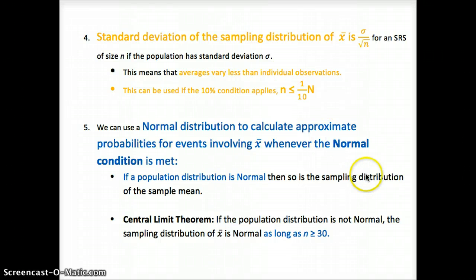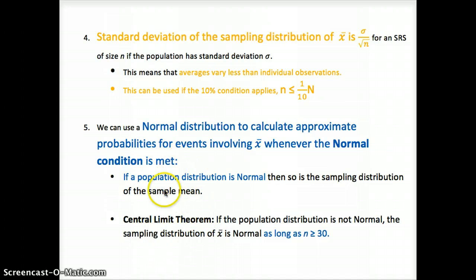Looking at normal distributions, a lot of what we end up doing is approximate, since we don't usually have an exactly normal distribution. So we're calculating approximate probabilities using the normal condition. So if a population distribution is normal, or approximately normal, then that condition's met. I mentioned this earlier. And then if it's not, then if the sample size is large enough, the central limit theorem is telling us that the condition is met for our purposes.